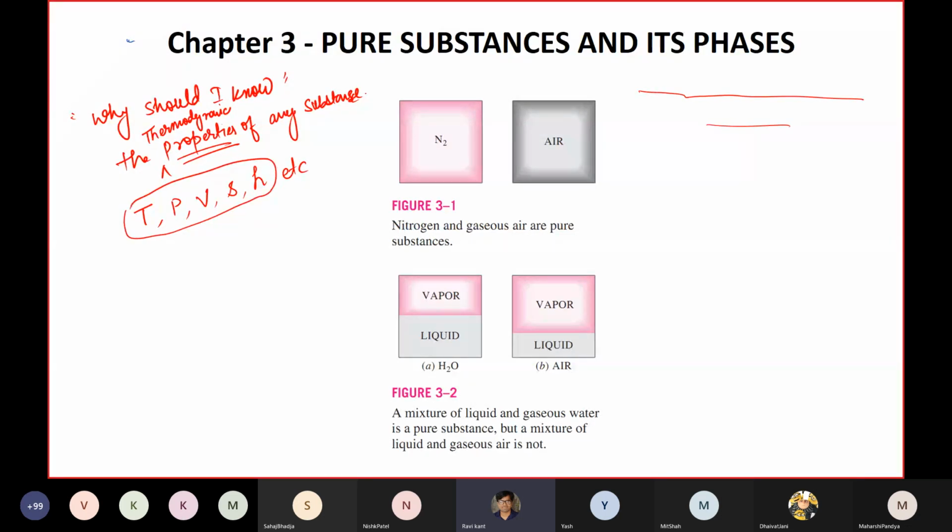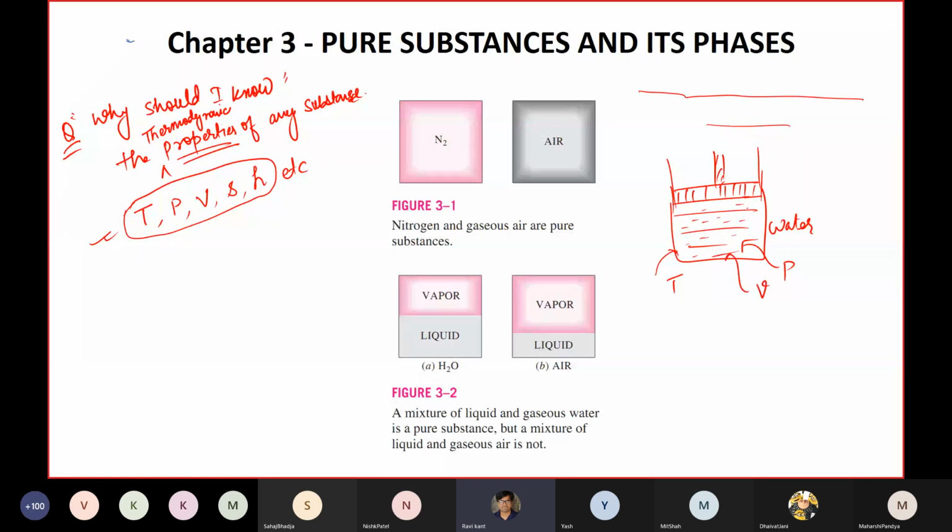Let's suppose I have a beaker full of water. Then why should I know what temperature it contains? Or let's suppose it has a piston on top of it, and I am also interested to know the pressure of the water or air trapped inside this piston-cylinder arrangement. I need to know the specific volume.